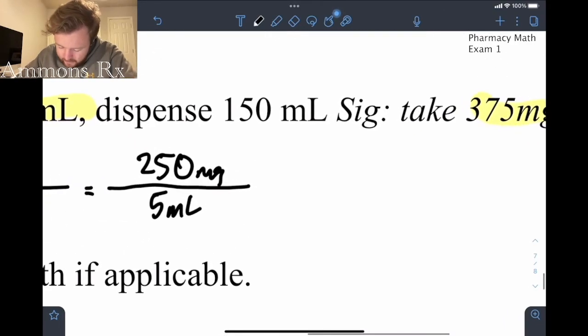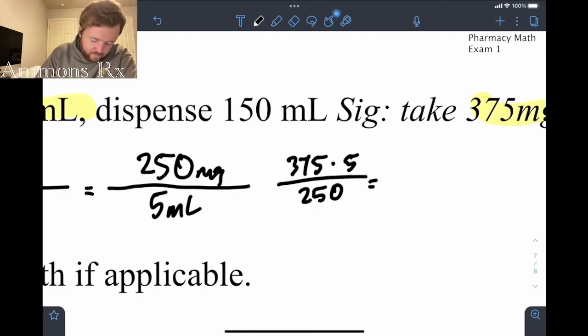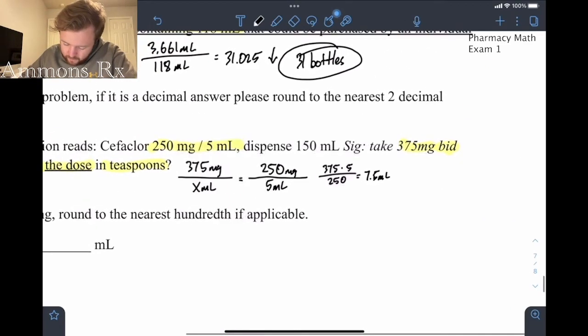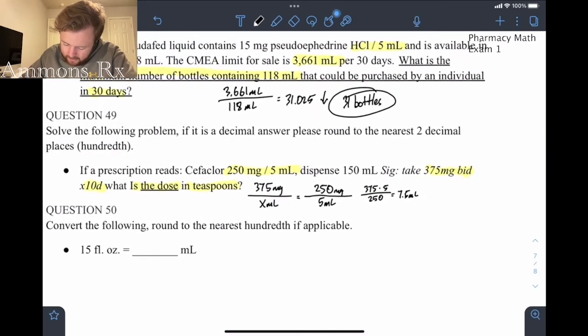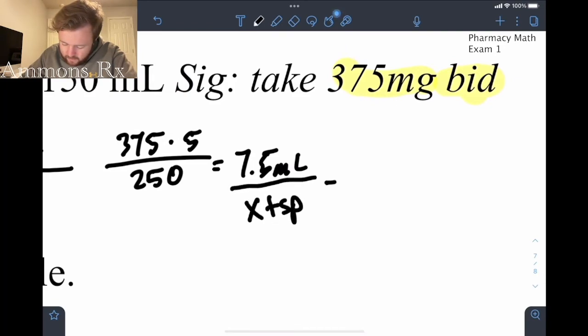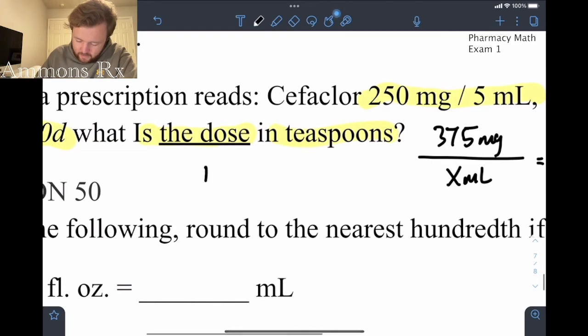So that turns into 375 times 5 divided by 250. 7.5 mils per dose. But the question is in teaspoons, so we need to convert that into teaspoons. I know that there are 5 mils in 1 teaspoon, so 7.5 divided by 5. And you should get 1.5 teaspoon.